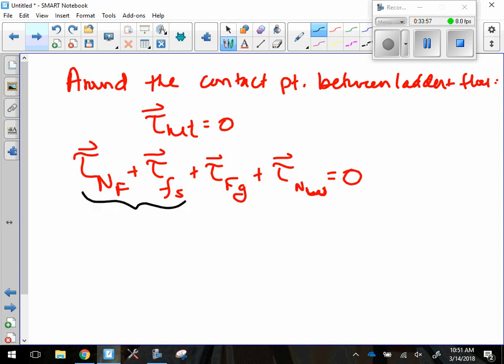What do I know about these two? Why are they 0? Because their moment arm is 0. Torque due to the gravitational force, positive or negative? Negative. Torque due to the normal force from the wall? Better be.